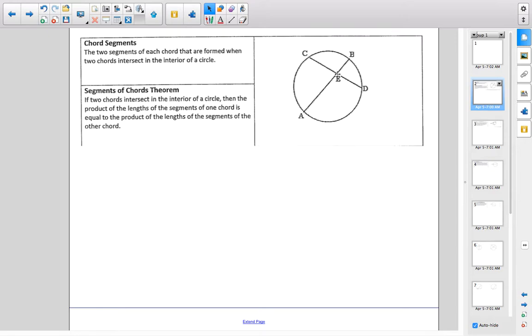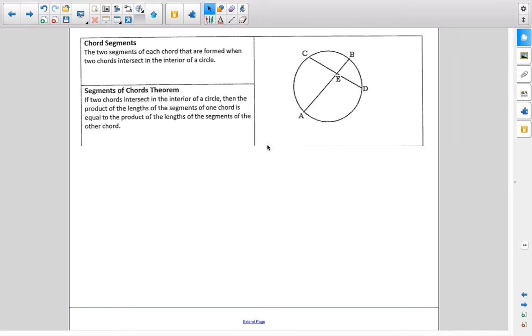So C to E is a chord segment, E to D is a chord segment, A to E, and E to B. When two chords intersect, in order to find the length of them, we can take the length of CE times ED. So CE, I'm going to write it down here.